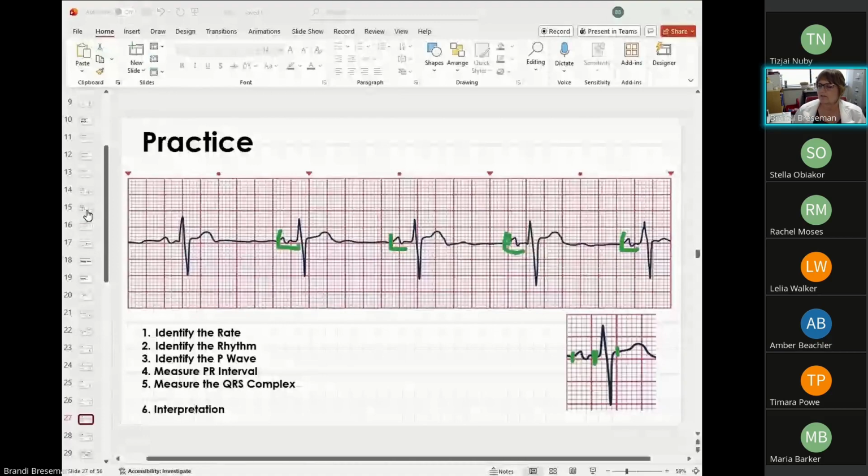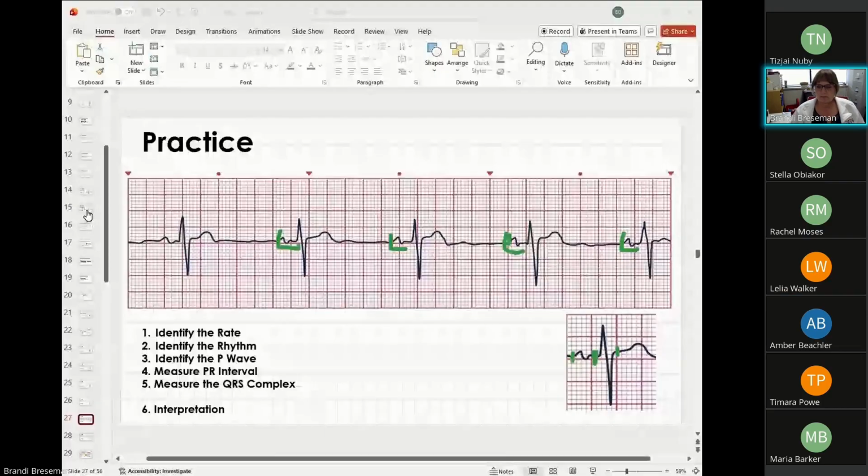Are you guys understanding why I'm saying that it is normal? Okay. So I would say that my QRS complex is normal. Everything's normal and I have a rate of 50. What do I have? Sinus bradycardia. Good job. This is definitely sinus bradycardia.